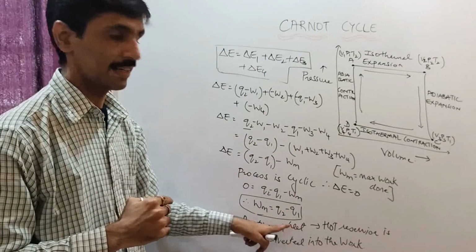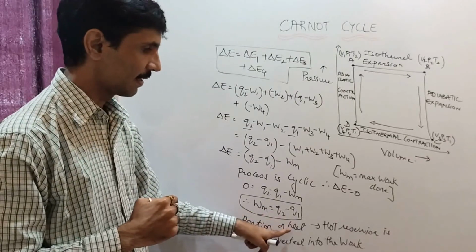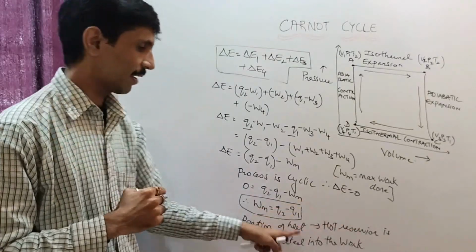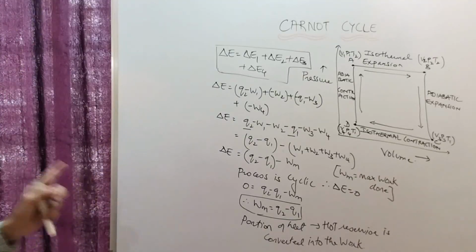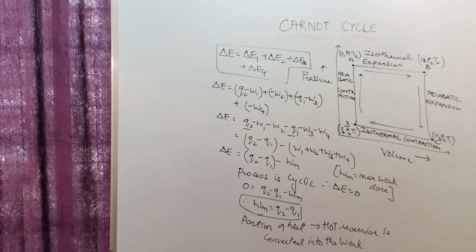It's not the total heat; only a portion of the heat from the hot reservoir is being converted into work. This is a very important conclusion that can be drawn from the Carnot cycle. And my dear friends, I am very confident that you have understood the entire Carnot cycle very well. Thank you very much.